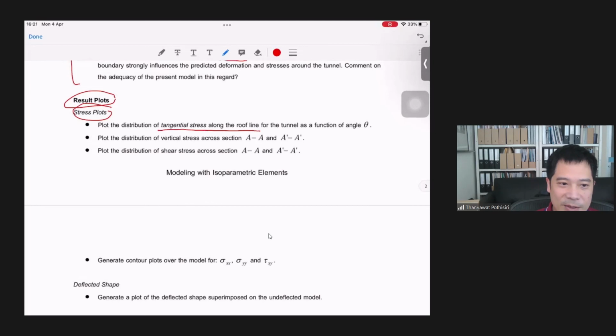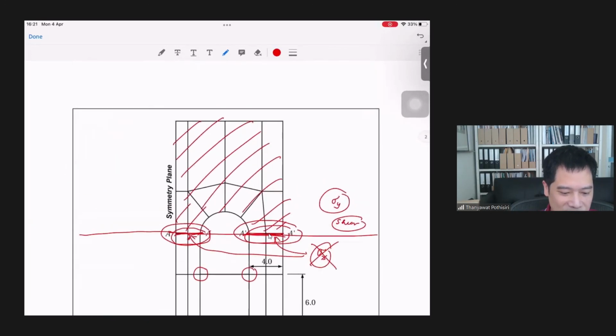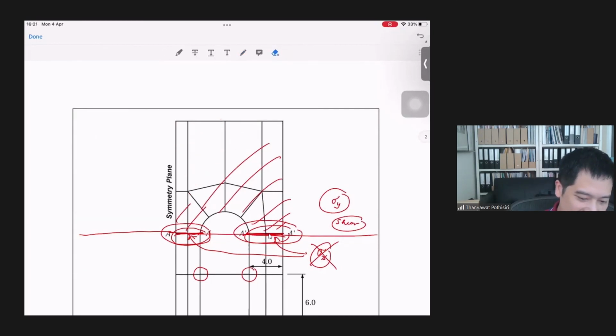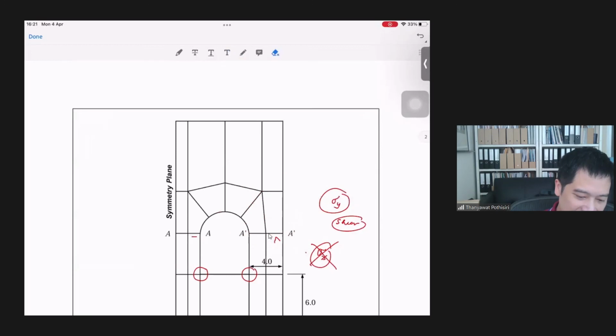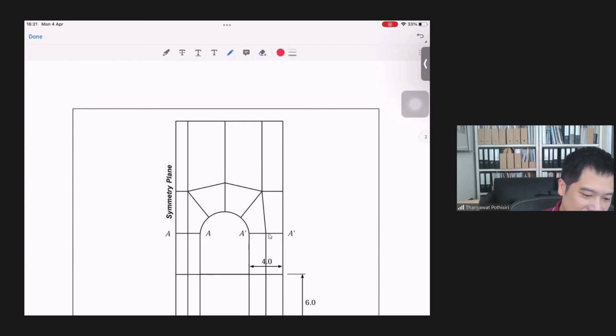So you have to think about how you can plot this tangential stress along this roof. Okay, so along the roof line, which is right here. Okay.